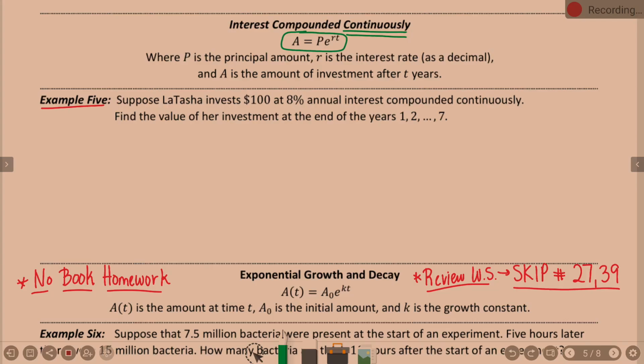Now, we're going to look at example 5. I'm going to change this, though. Again, just trying to streamline, get the basics across to you. I'm going to tweak it a little bit. Suppose Natasha invests $100 at 8% annual interest, compounded how? Continuously. Now, officially it says find the value of her investment at the end of years 1, 2, 3, 4, 5, 6, 7. That means I'm finding how many different answers? 7.